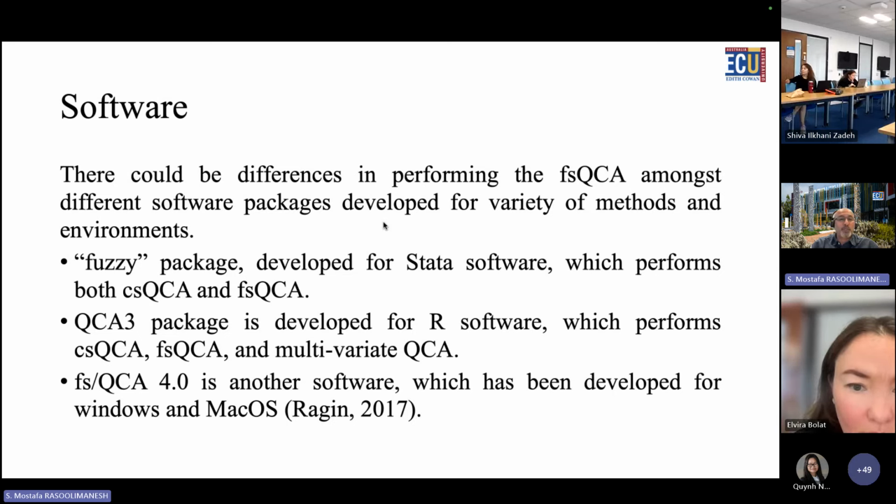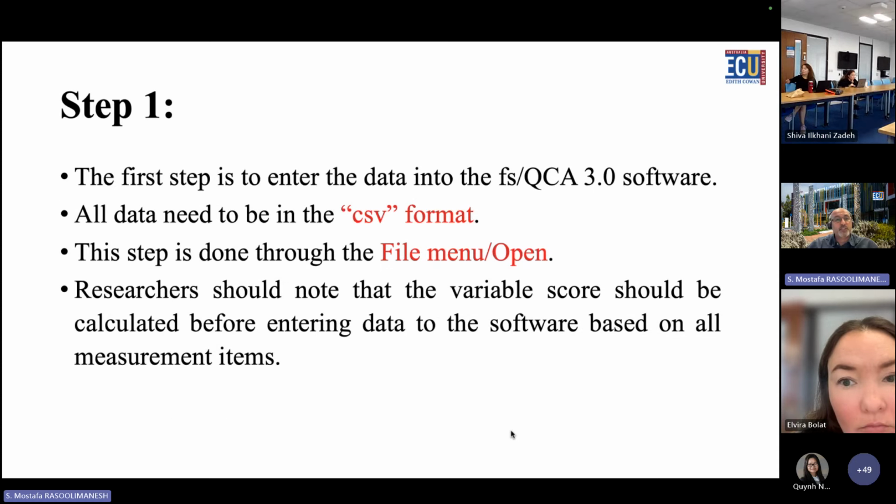You don't need to pay for this software. And these are some available software or packages to perform the analysis.